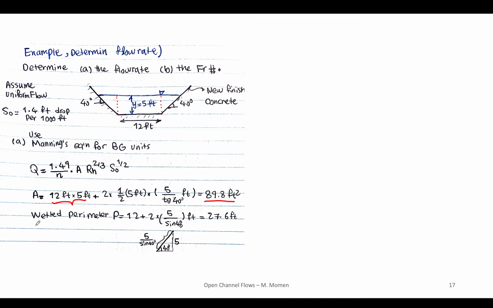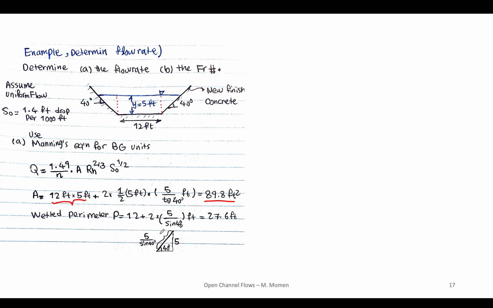And then the wetted perimeter. In order to find R_H, or hydraulic radius, I need to know the wetted perimeter. So the wetted perimeter P is 12, which is this side, plus these two sides here. So let's see what is the length of these two sides.